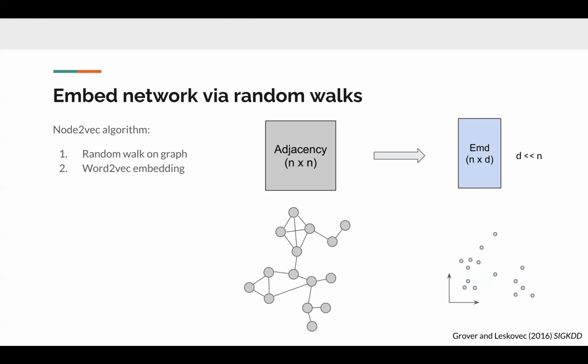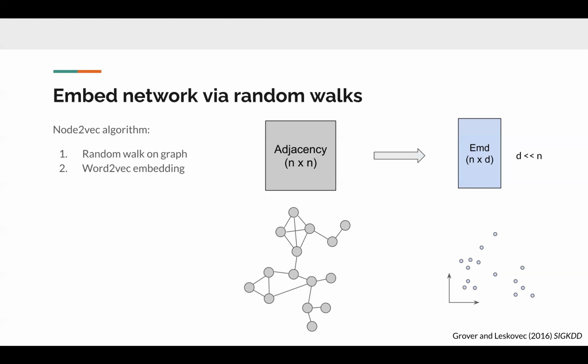The general goal of network embedding is to represent the full network, which is equivalent to an n by n matrix called the adjacency matrix, with an n by d dimensional embedding matrix, where the embedding dimension d is much smaller than the total number of genes n in the gene interaction network. This is very useful because a low dimension means we can train our machine learning model for the task more efficiently.